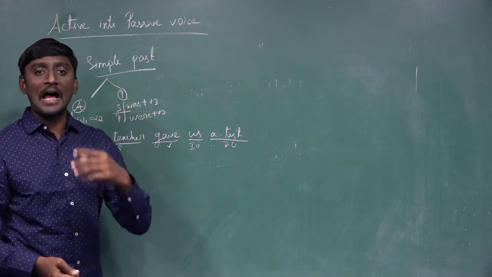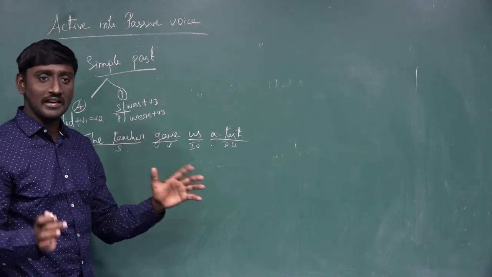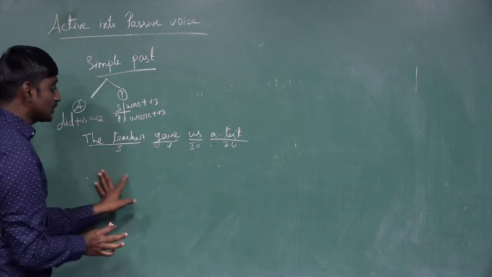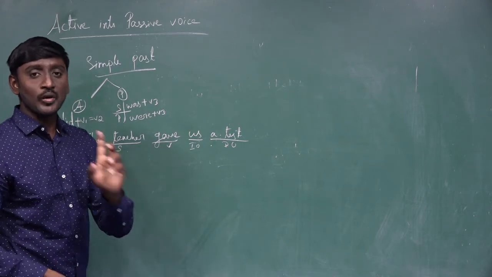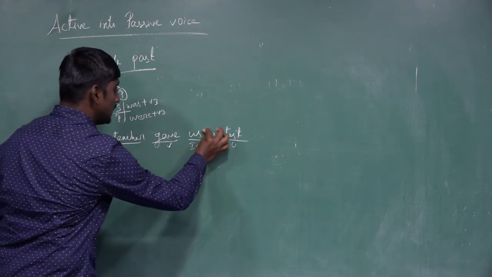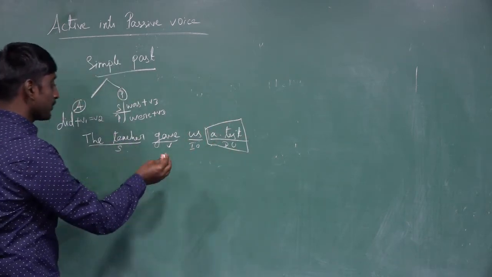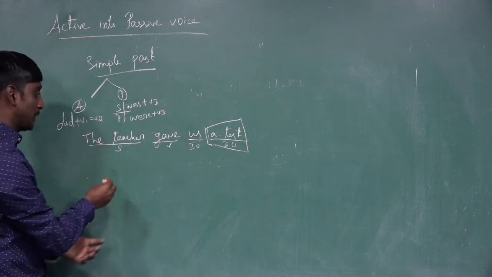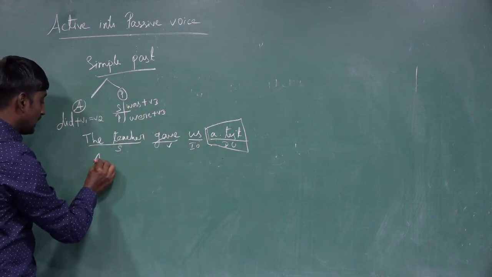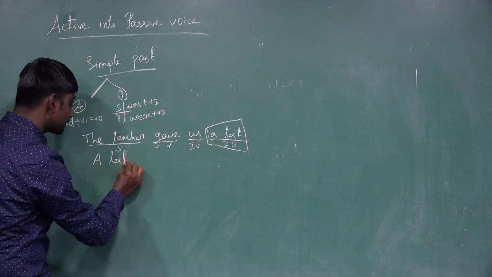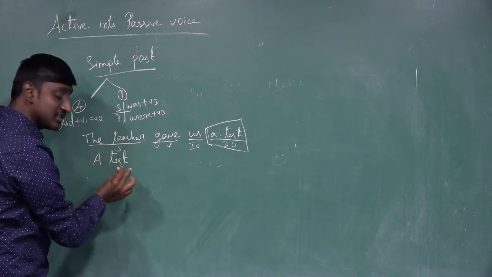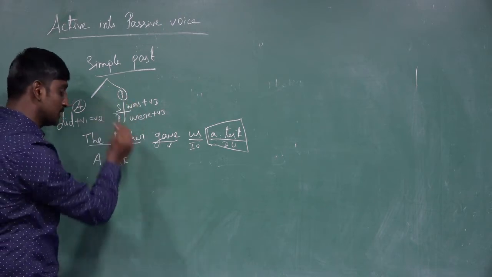So how to write the active into the passive voice? I tell you, it's very simple. First of all, you take one object. One object means the direct object, a test. The object comes to the subject place. A test. Is a test singular or plural? Singular.